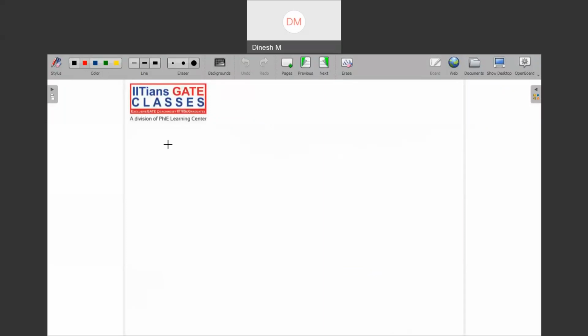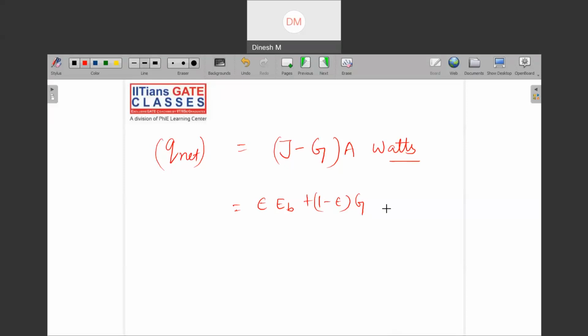Now if you expand this one, J minus G would look like, just now we have derived that J was E into Eb plus 1 minus E into G, minus G, multiplied by A. Now if I wish to write down Q net between the surface and the surrounding, this is nothing but Eb minus J divided by (1 minus E upon E A).